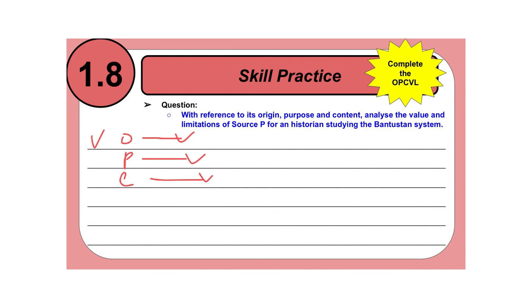Then you would have your second paragraph, which is your limitations. This document has an origin, but this origin could also be limited. Here is another example of a purpose, and this is how it is limited, and the same thing with content. So you would take the graphic organizer from the previous two slides and put it into paragraph format.